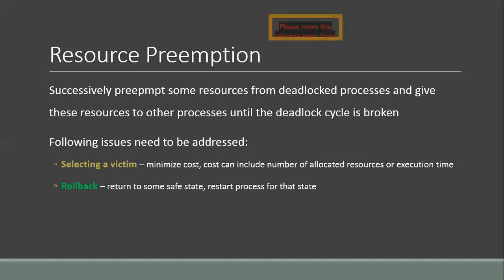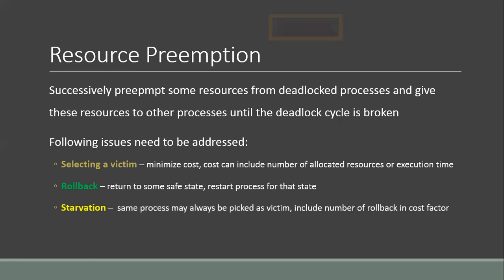Because in the absence of this information, we cannot roll back a process to some safe state. Generally, the system will roll back the victim process to its initial state. In other words, this process has to restart its execution from point zero.